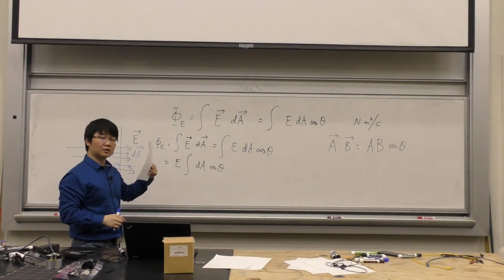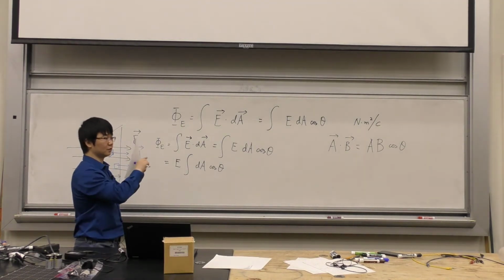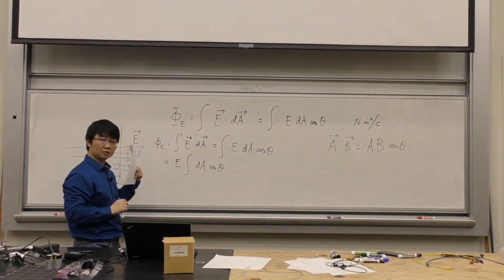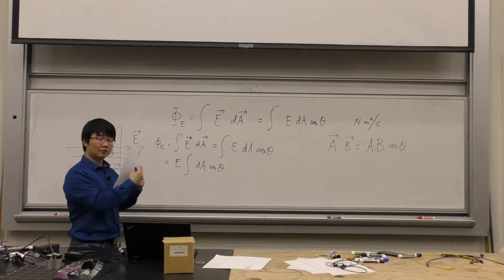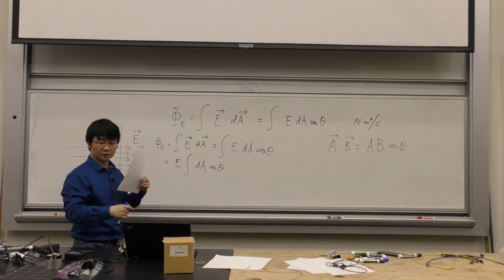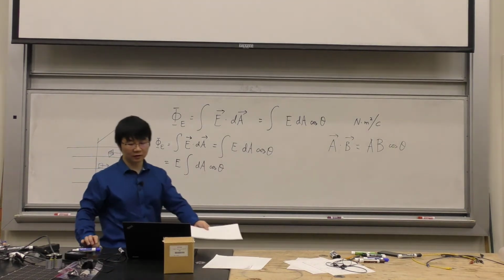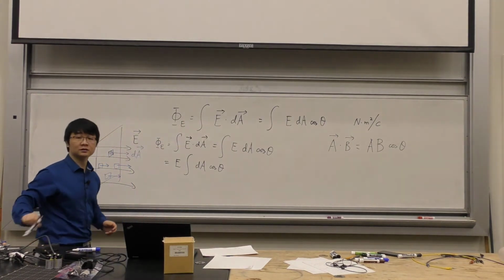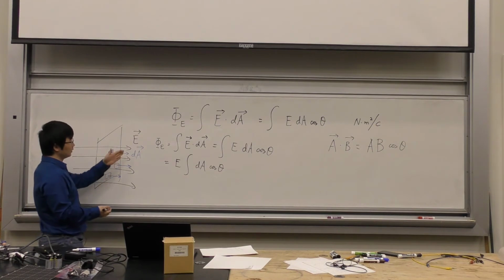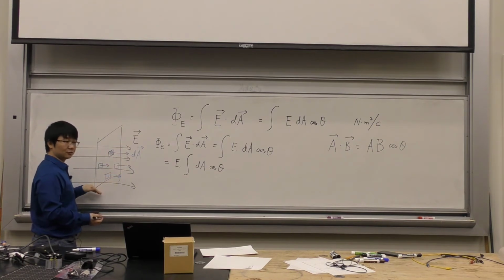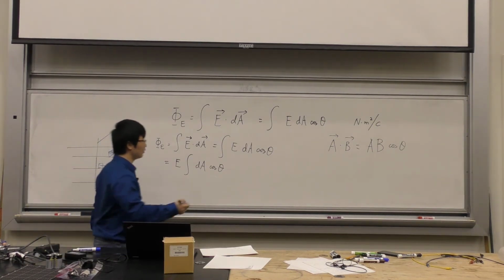What is the direction of the dA you should draw? Perpendicular, perpendicular, perpendicular. So the dA you draw is going to be in the same direction as the electric field everywhere on this surface. So this cosine theta is not a variable. It's going to be a constant. It's always going to be 0 degrees, 0 degrees, 0 degrees, right? So that means I can also take this out.